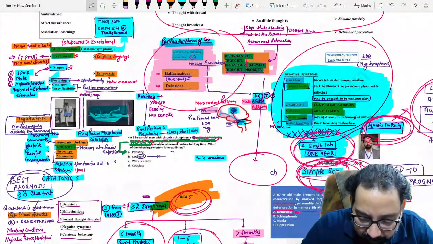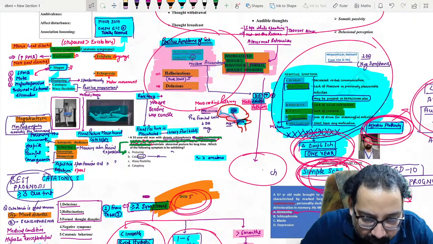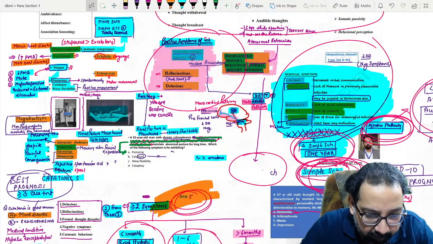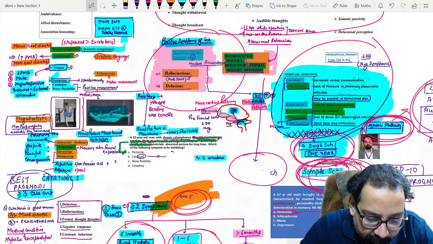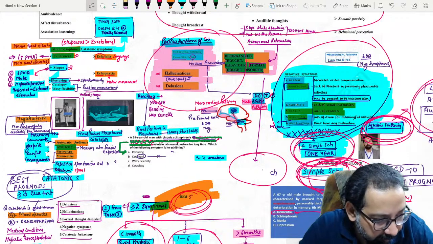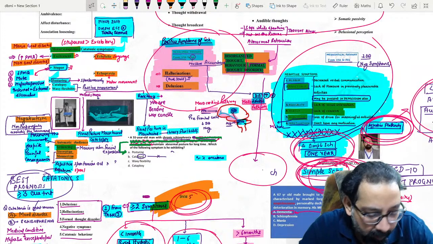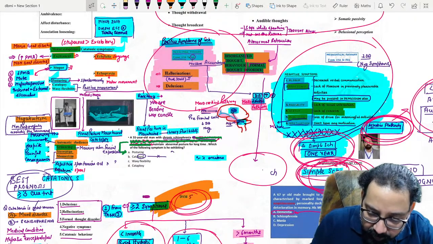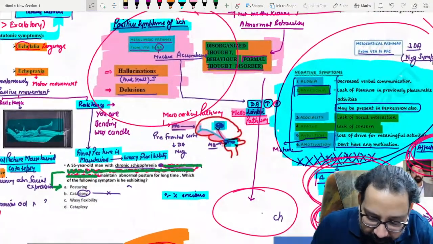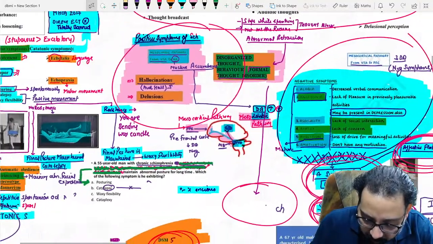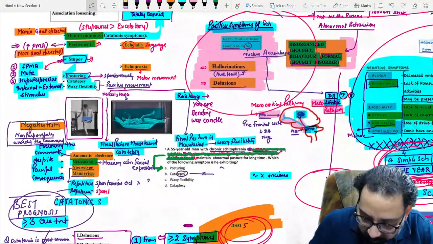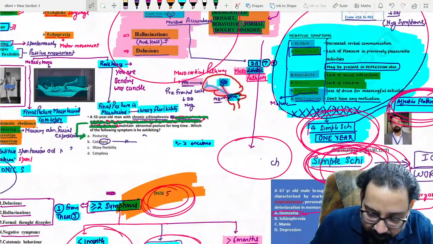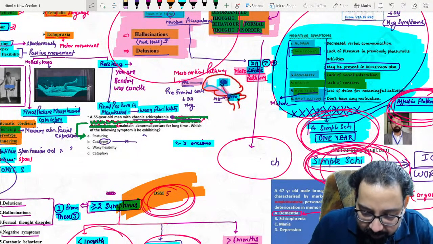Listen carefully. When they ask a question on the subtype of schizophrenia, they will give you confusing statements about the types of symptoms. If they want to ask which type of schizophrenia this is, they will give four options, suppose catatonic, hebephrenic, paranoid, simple schizophrenia.